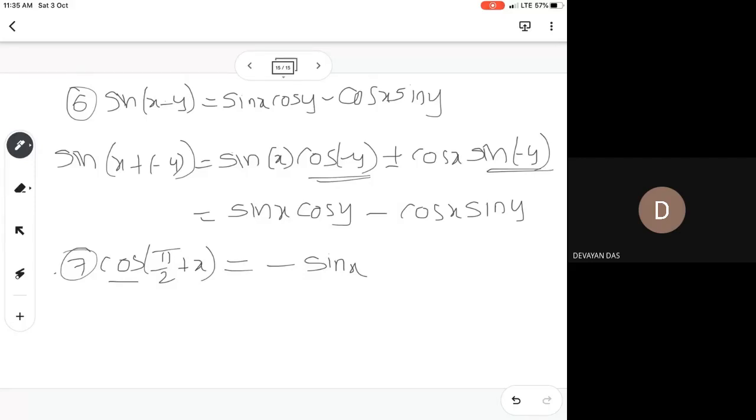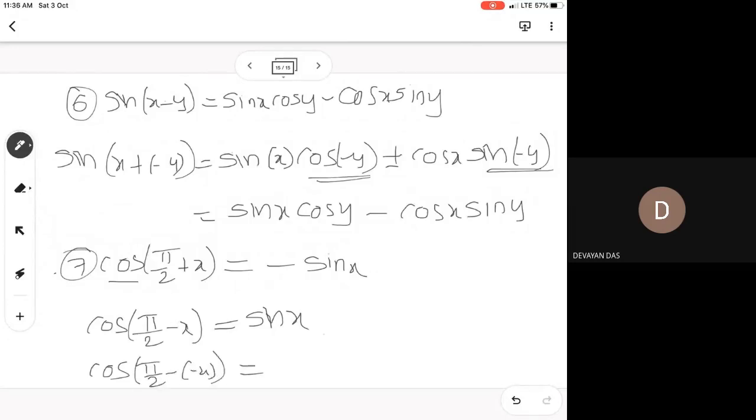We have cos of (pi by 2 minus x) equal to sin x. Here, in place of x, substitute minus x. Cos of (pi by 2 minus of minus x), so what do you get? Pi by 2 plus x, I have written it like this. So you get sin of minus x as per this, and sin of minus x is equal to minus sin x.